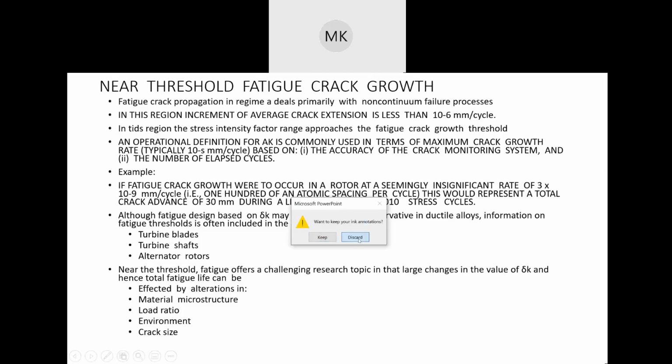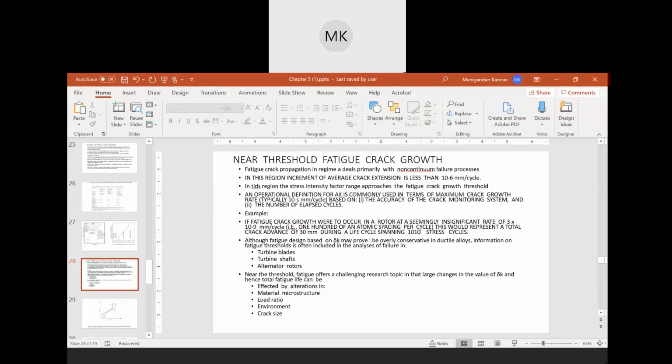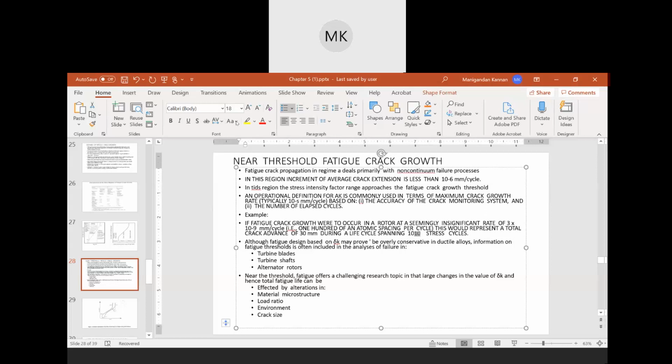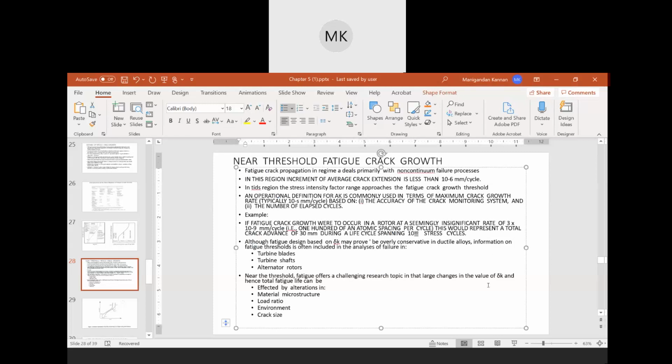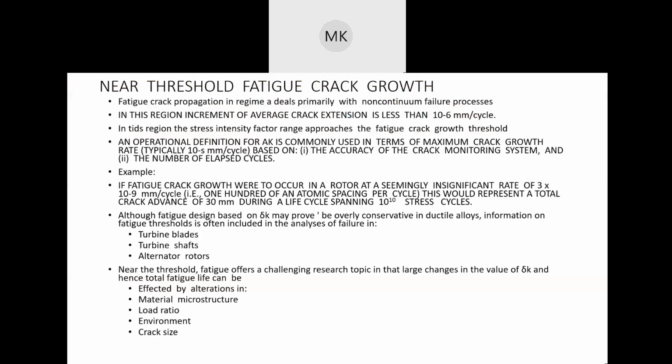Let me correct that, it's not 10 million. So that's 10^10 cycles, and that's how different it is for a rotor. It has to go 30 millimeters for the failure to happen, but you are at 3 picometers per cycle, and so basically you can get a whole different life.